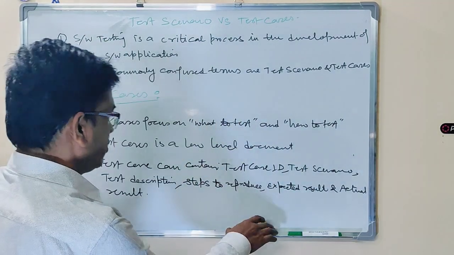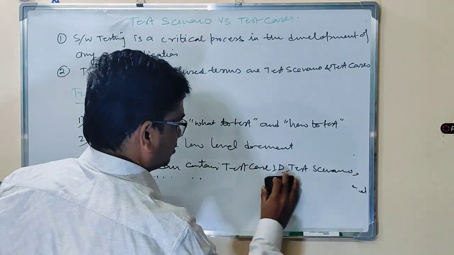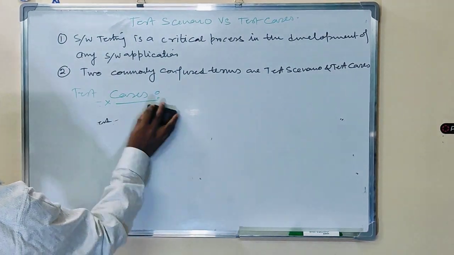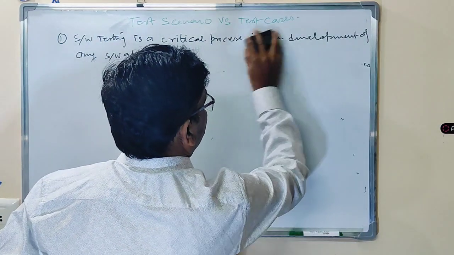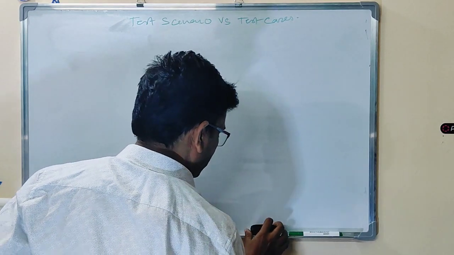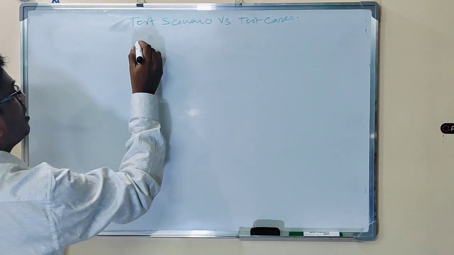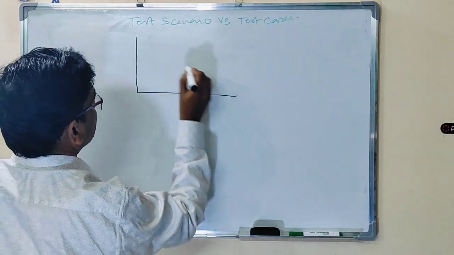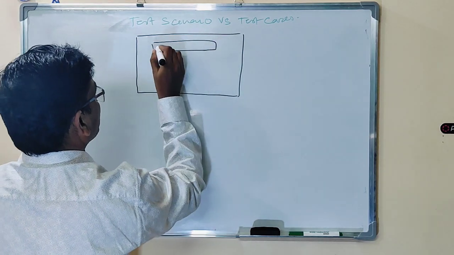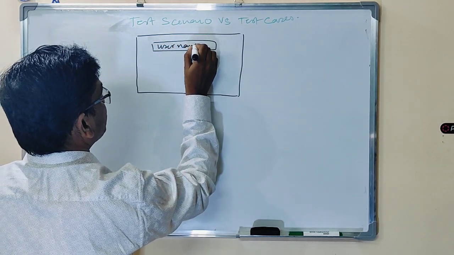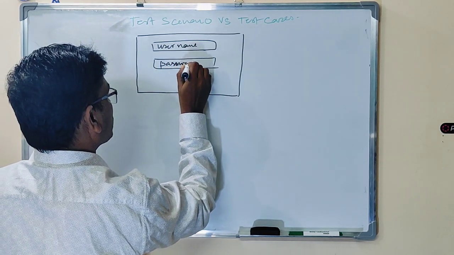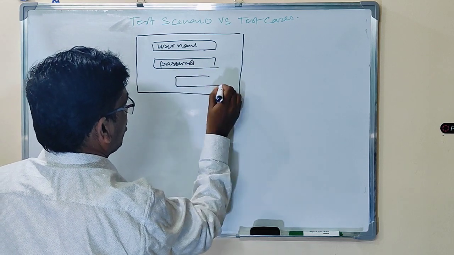Okay, so let's try to understand with an example how this actually differs. For this I'm just drawing a diagram and we'll try to explain in a detailed manner. So let's see, this is a login page. Here there is a username field, a password field, and here is a login button.